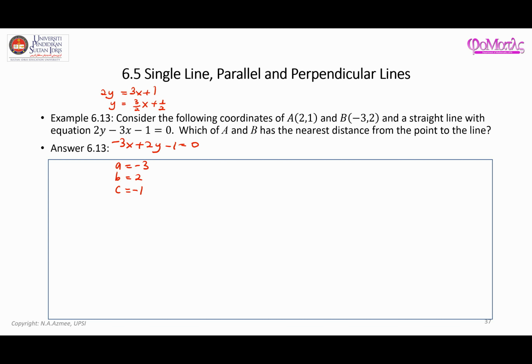Basically, if I have a rough sketch here, the intercept is at 1 over 2, maybe somewhere here, and it goes upwards towards the right, something like this. Then you have one point where the coordinate is (2, 1), maybe here.